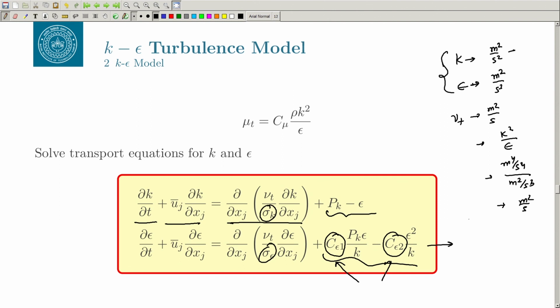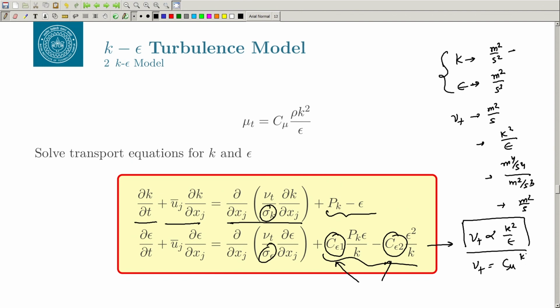So your nu T must be proportional to K square by epsilon. We will also look at how it is related to the argument that we have been making about the velocity scale and the length scale. But for now, by the dimensional argument, nu T is proportional to K square by epsilon, and then we use a proportionality constant which is called C mu.